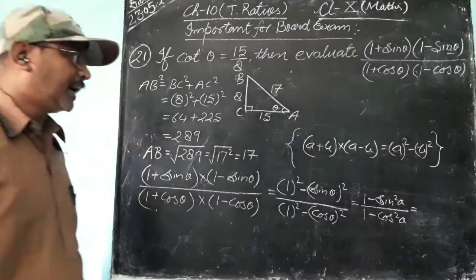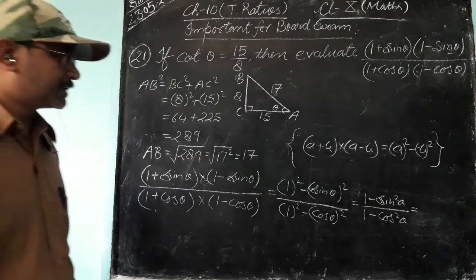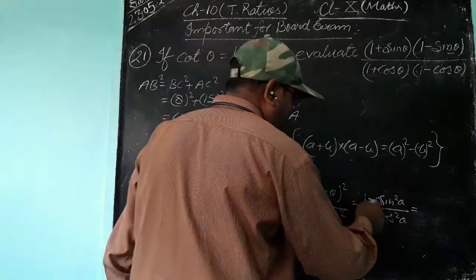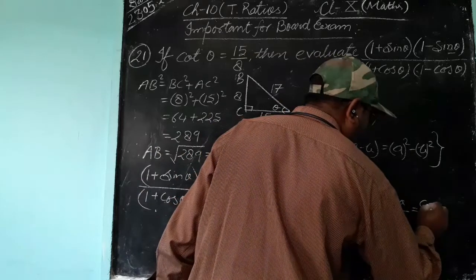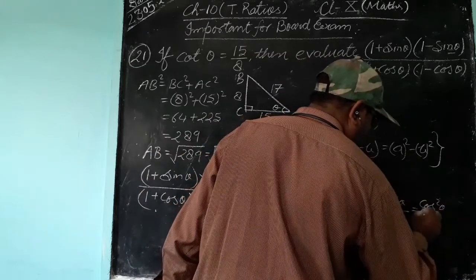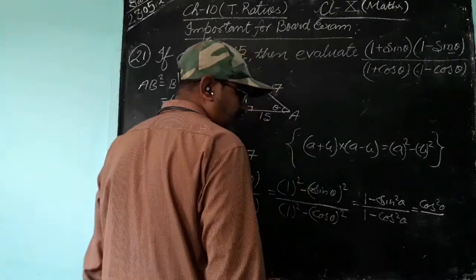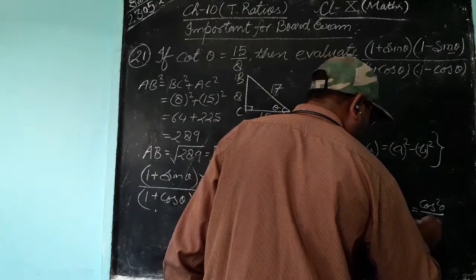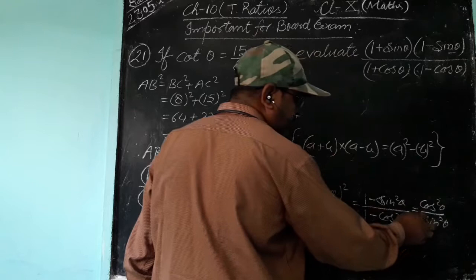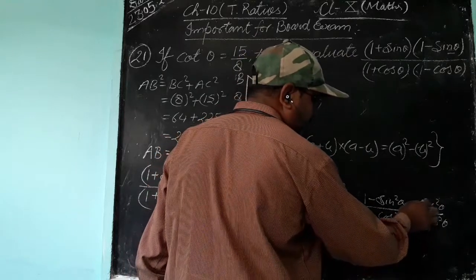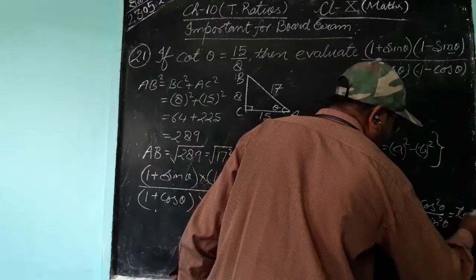So students, earlier I have explained the identity in the previous lecture: 1 minus sin square theta is equal to cos square theta, and 1 minus cos square theta is equal to sin square theta. So cos square theta upon sin square theta is equal to tan square theta.